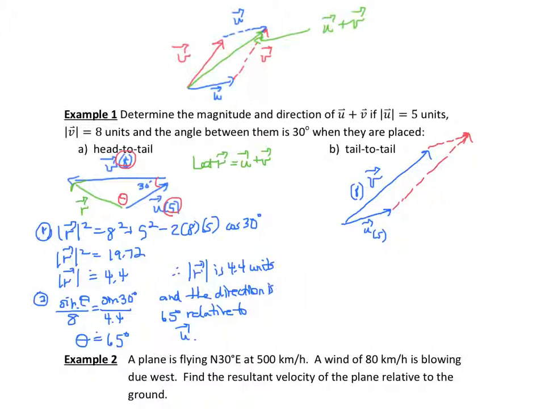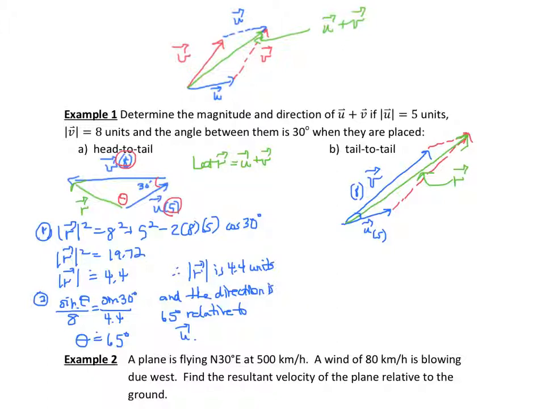And then our resultant will be up through the middle of this parallelogram. Okay, so once again, we're going to use cosine law to find the magnitude of that resultant. Oh, I guess we have a little bit of extra work to do here, though. So we know that the angle between u and v is 30.